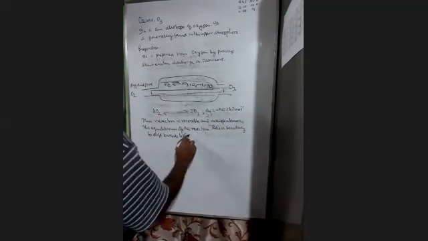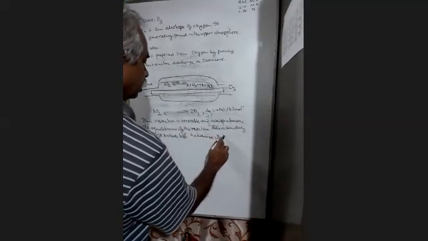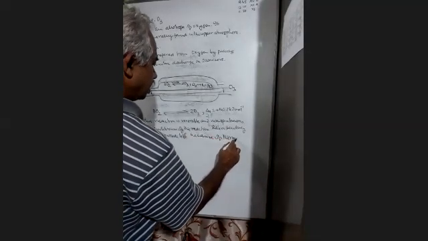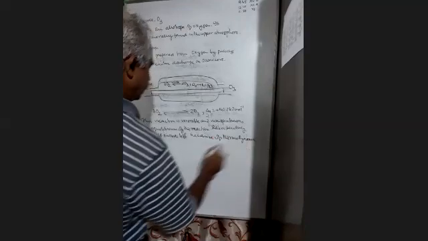Why is it so small? Because of two thermodynamic reasons. I'll write here: towards left, because of thermodynamic factor. See why: a reaction which is non-spontaneous from left to right is spontaneous from right to left.